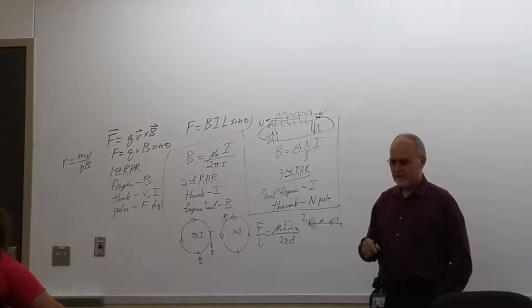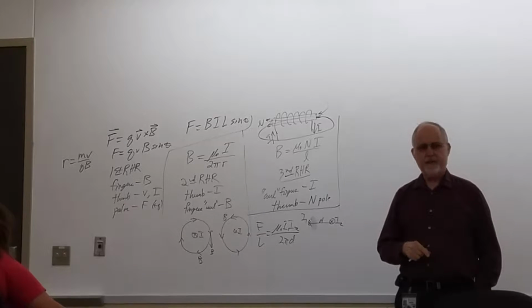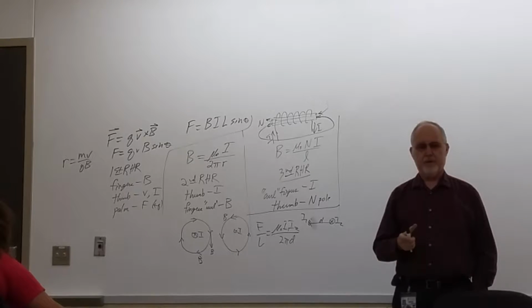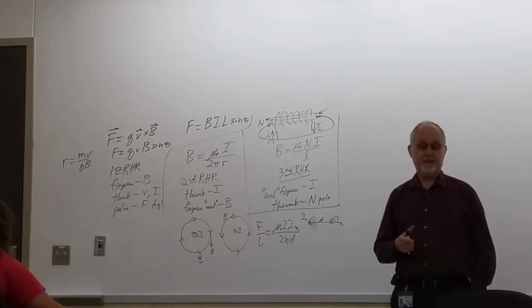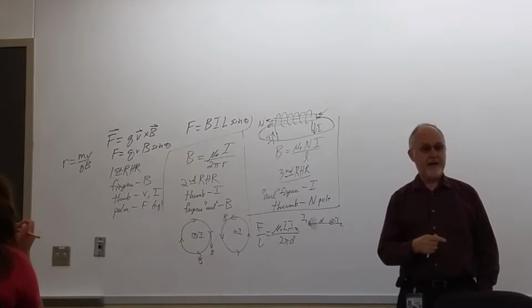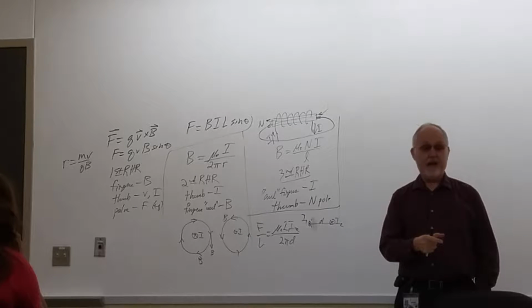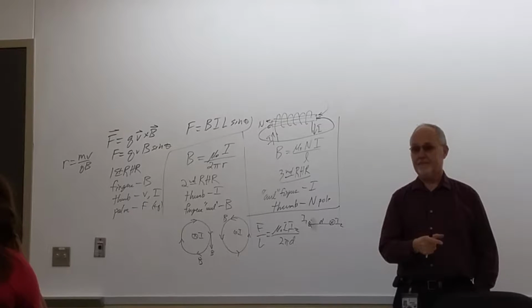So in around 1800, 1805, somewhere in there, Ørsted, trying to show there was a difference between electricity and magnetism, sets up the experiment, runs a current through a wire, and then takes the compass needle, brings it close to it, and discovers, hey, it's not unaffected by that current.